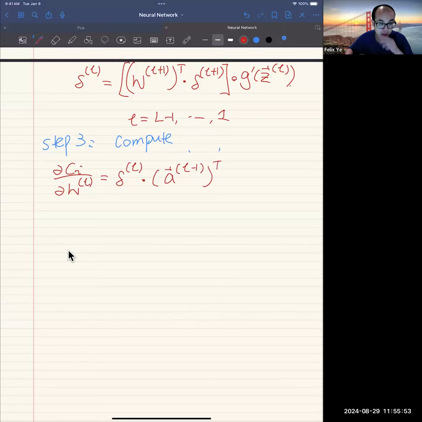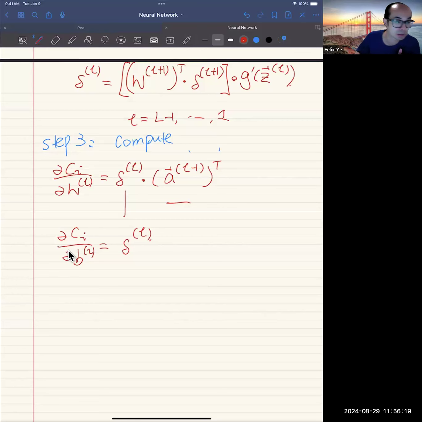So this is actually a column times a row. This gives you a matrix, right? Same thing, you do it for the biases. This is nothing but delta_L. That will be it.